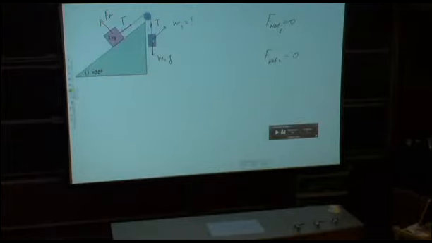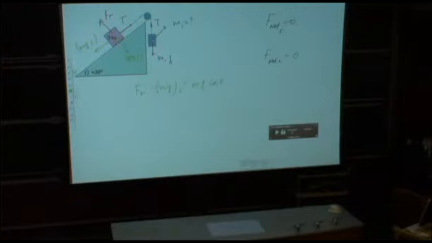So instead of using the actual force of gravity, we always can use two components of it. This is what we used to call mg perpendicular because it's perpendicular to the surface. And this is what we used to call mg parallel because it's parallel to the surface. So that's an equivalent free body diagram. And of course, the normal force should cancel mg perpendicular, which is m times g times cosine of the angle of the incline.